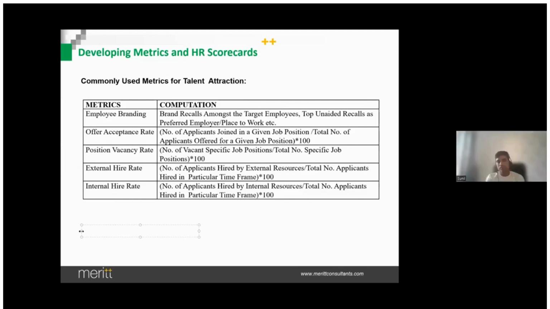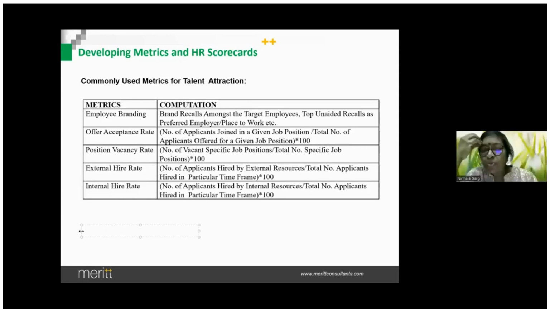So some of the metrics you can have, for example, I planned that we are kickstarting the 20th batch of this process. So 20 people. But I've given offers to 30 people, and only 5 people joined. Does that also send out a signal saying that I'm not able to attract, even though they have taken offers, but people have not joined?